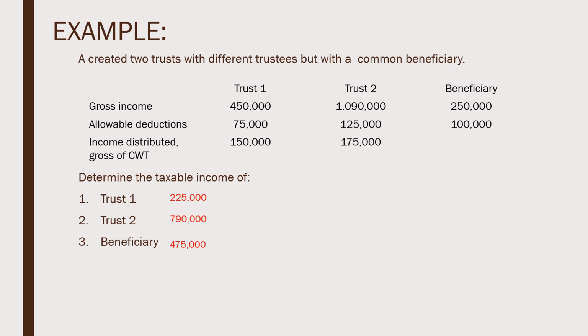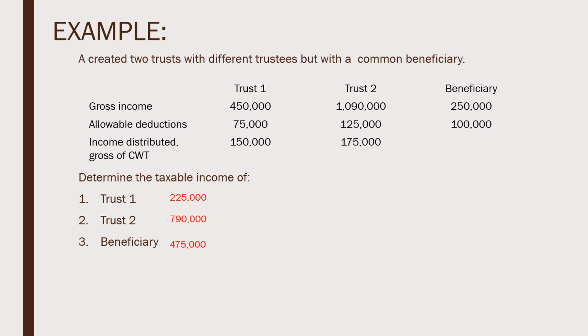It's very simple, but what might complicate this a bit is if the question is income tax payable. So if in case the question is income tax payable, we get the tax due for Trust 1 and Trust 2 by consolidating them first. That's 225 plus 790 equals 1,015,000. And we have to compute the tax due using the tax table, then multiply it by 225 over 1,015,000 for Trust 1, and 790 over 1,015 for Trust 2.